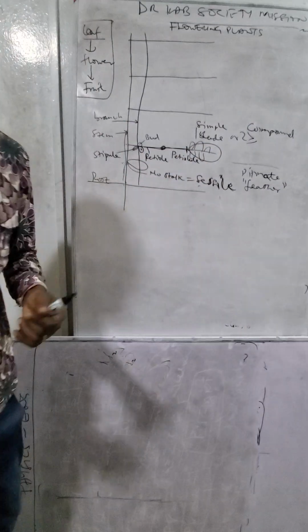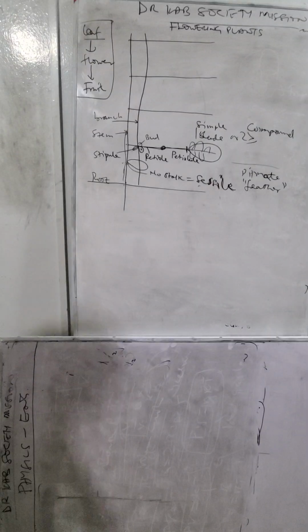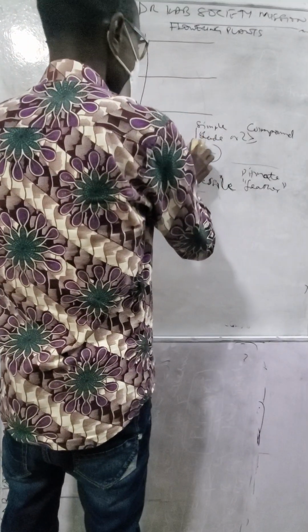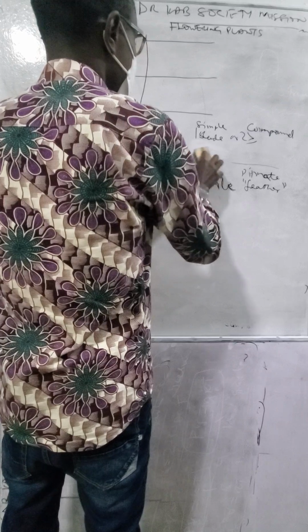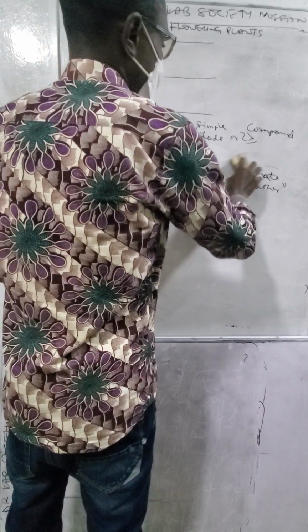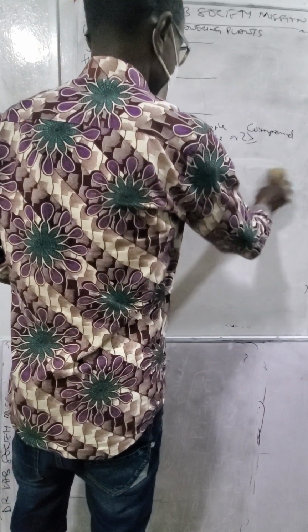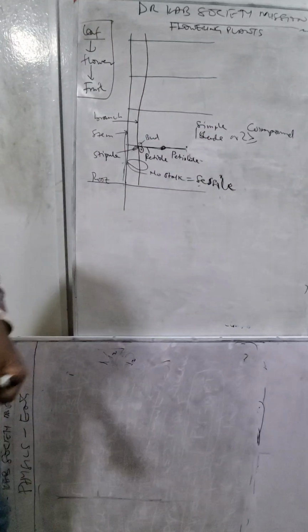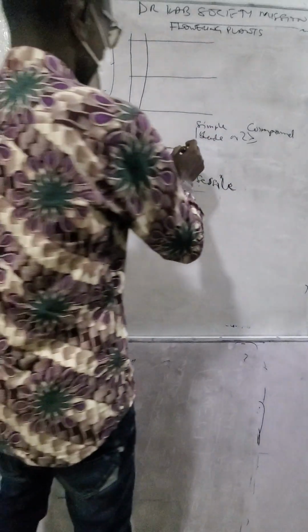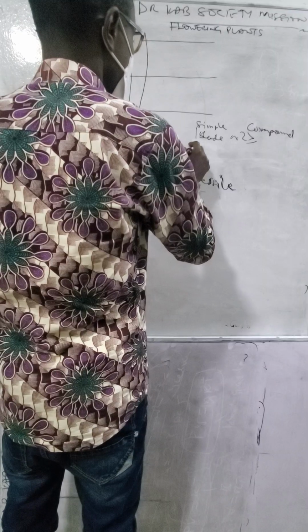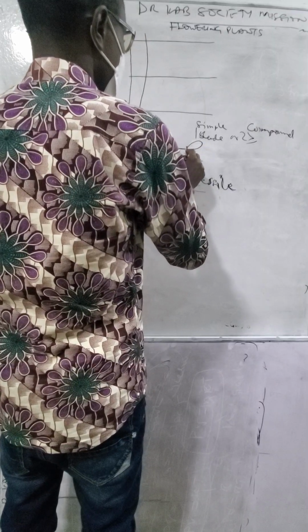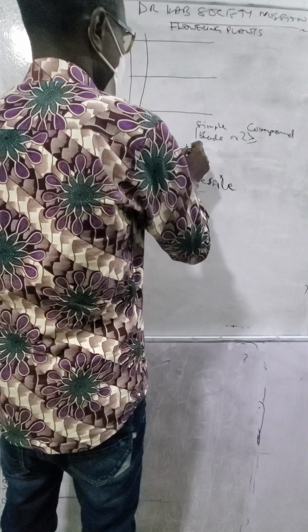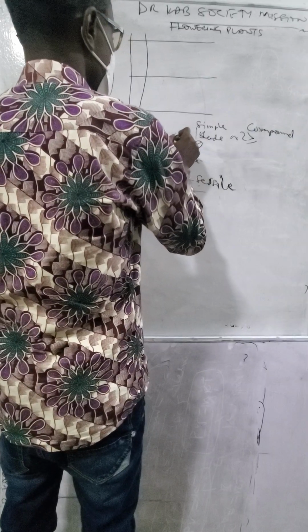Now let me just go over this so that we get it clearly. So we're going to have one of the branches. Either it is fixed directly to it like this, so this will be simple.